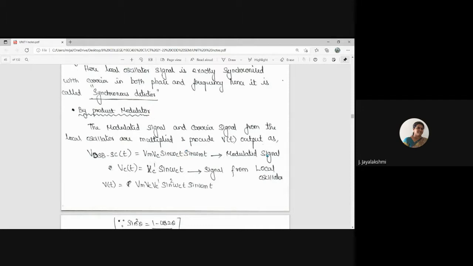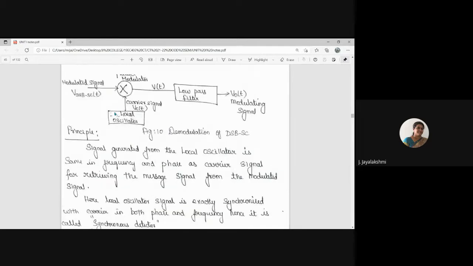And this is the modulated signal. And this is going to be the carrier signal. In order to differentiate the carrier signal which was transmitted from the carrier signal which is locally generated, you represent the amplitude as Vc and sine omega c, because omega c is the carrier signal frequency. So this is the signal from the local oscillator. These two signals are multiplied by means of this product modulator.